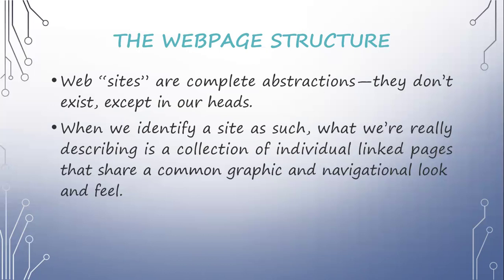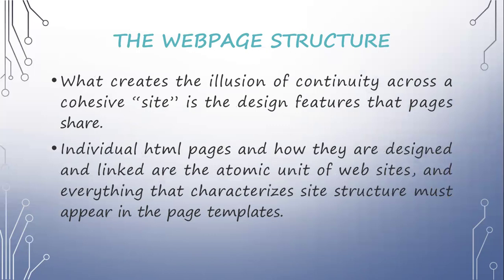And that's when we get this website. Now, what creates the illusion of continuity across a cohesive site is the design features that the pages share. So the design features that are common within the given pages of the website are the ones that bring this illusion of continuity across the cohesive site.